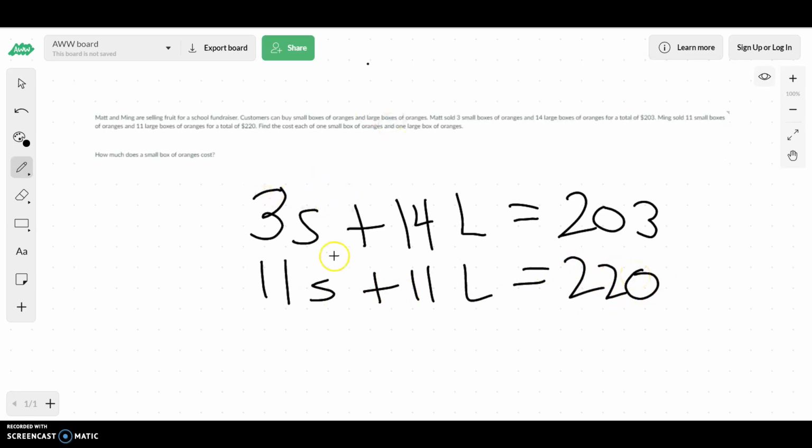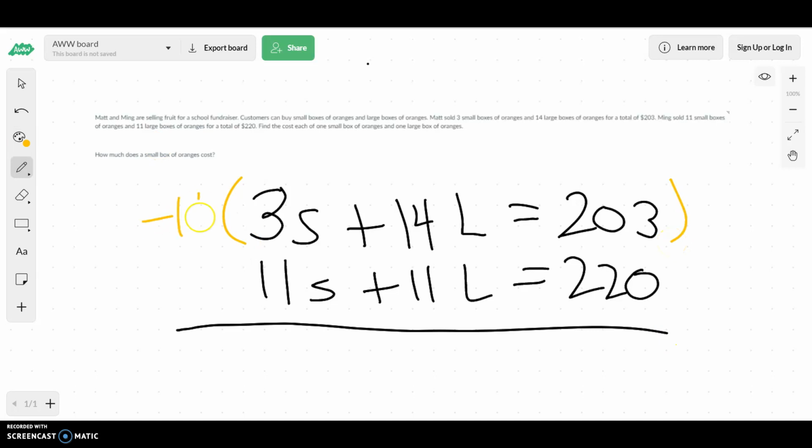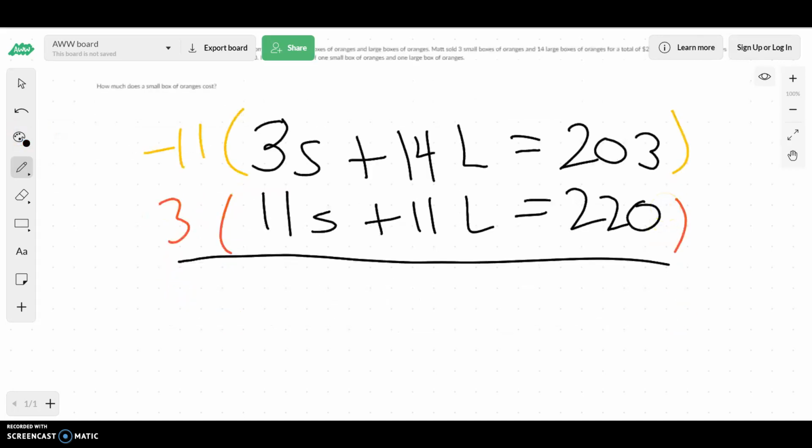Now we have 2 variables and 2 equations, so we could solve this by elimination. Both variables are different, so I would want to multiply this top by negative 11, and I would want to multiply this bottom by 3 and kind of see what we get.